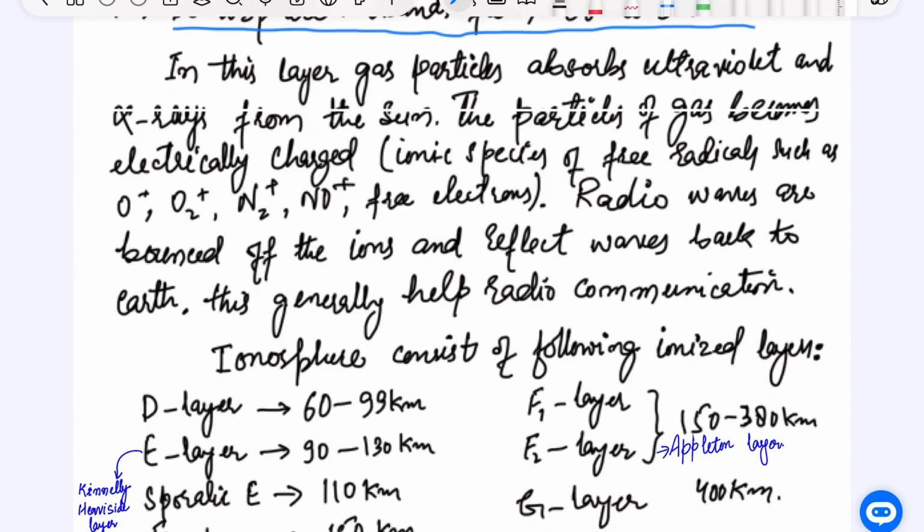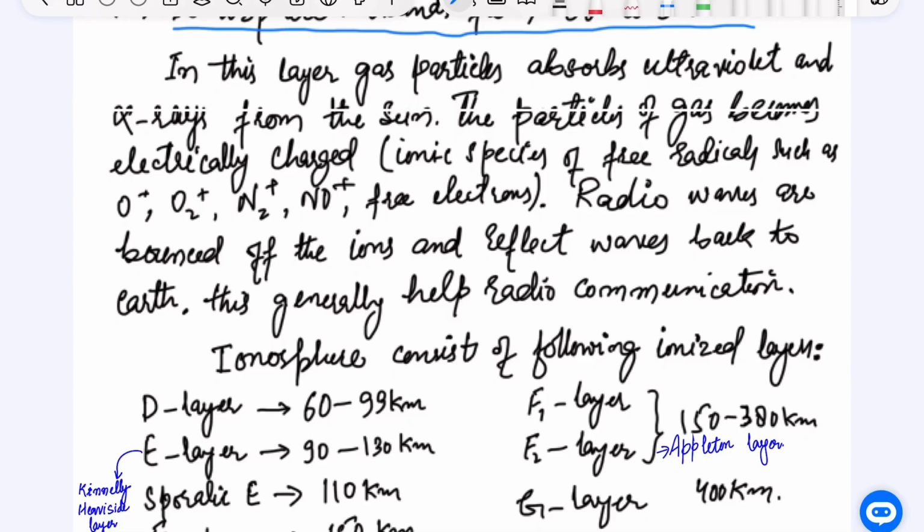Then we have the E layer, which is approximately from 90 to 150 kilometers, which is also called the Kennelly-Heaviside layer. This question will be asked as a multiple choice question in any examination.